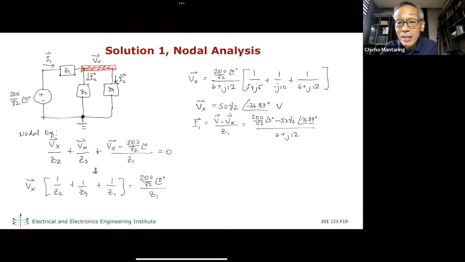Okay, again, this is just a calculator problem now. This is going to be 7.071 at an angle minus 36.87 degrees amperes.